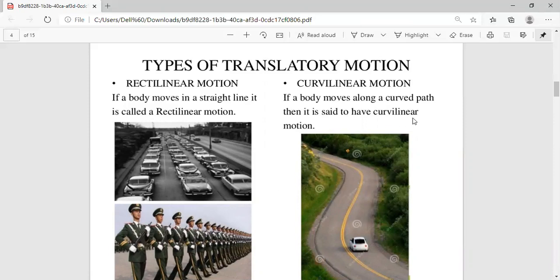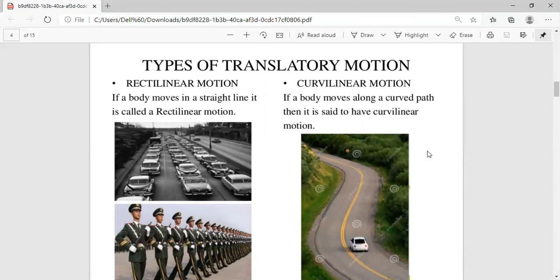Next, the second type of motion is curvilinear motion. If a body moves along a curved path, then it is said to have curvilinear motion. You can see in the figure, the car is moving along long and steep curves.